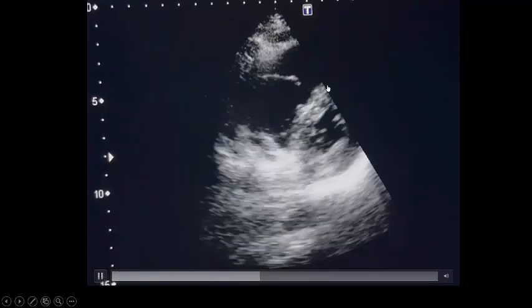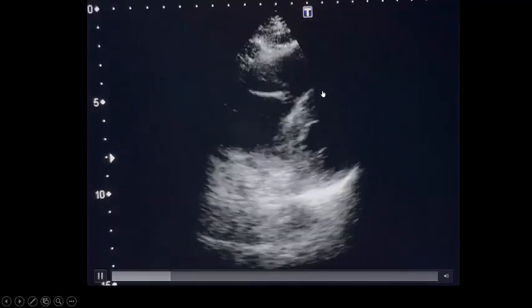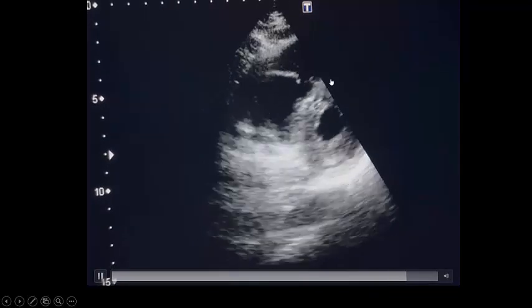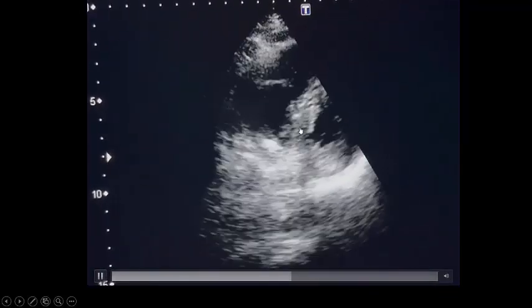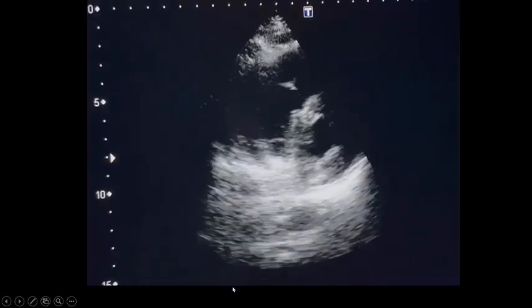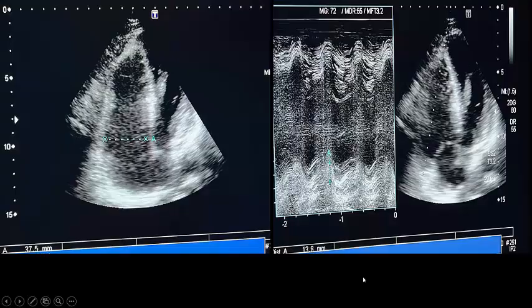In the parasternal short axis view, there is flattening of the septum and ballooning of the right side, compressing the left side. We did TAPSE here because the patient is obese and the machine is not so good. TAPSE is low, less than 17, with right side dilatation.